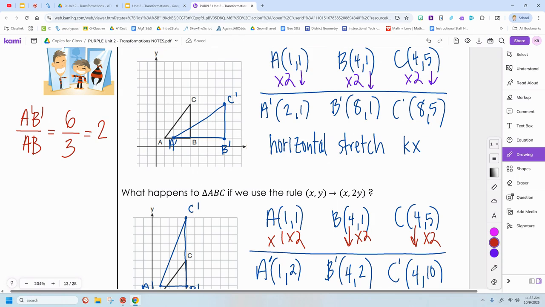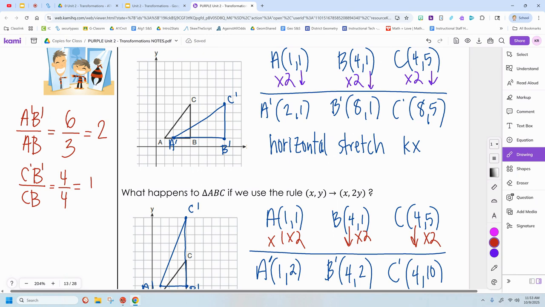But when I do C prime B prime over CB, I get 4 over 4, right? So just look at the sides I'm comparing. Our height didn't change, which means that's a scale factor of 1.